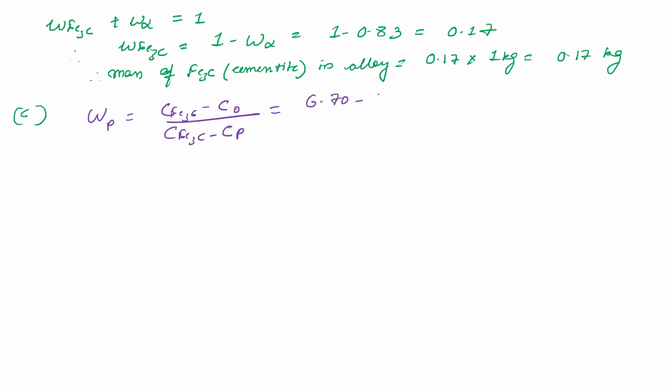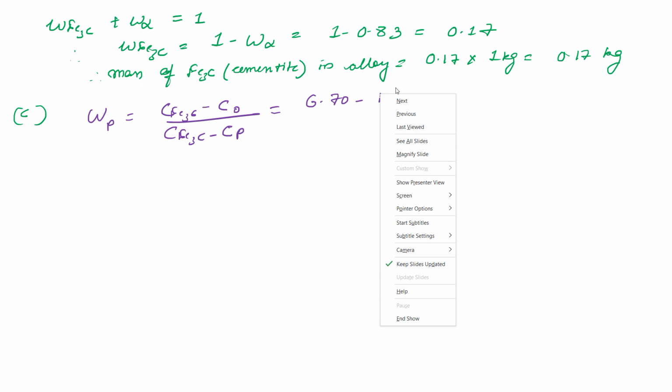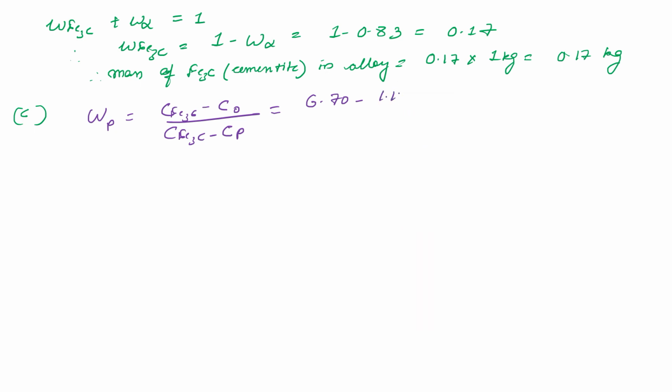C naught has been given to us as 1.15, divided by C P, which you all know from the phase diagram is 0.76. That gives me about 93% of pearlite, and this corresponds to a mass of 0.93 kilogram because the total alloy is 1 kg.